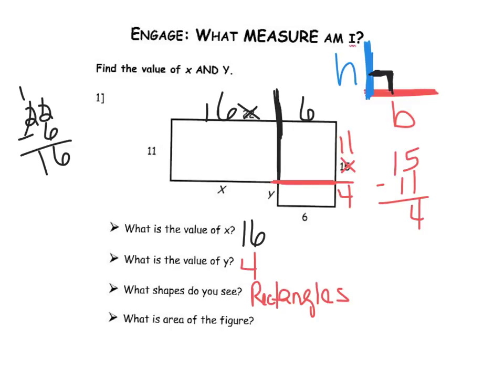So I'm going to do this rectangle right here. So my dimensions are going to be 16 times 11. So this is going to be area equals base times height. Area equals 16 times 11. And 16 times 11, oops.